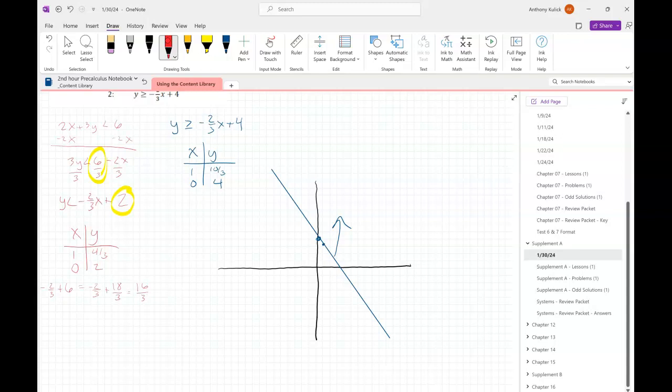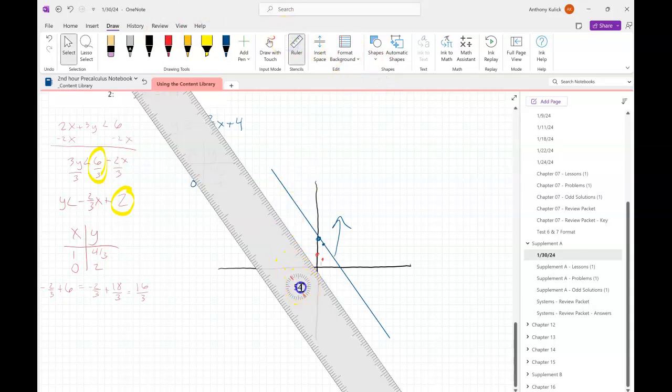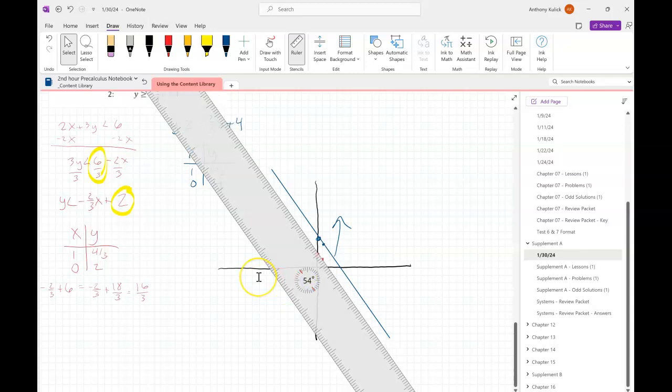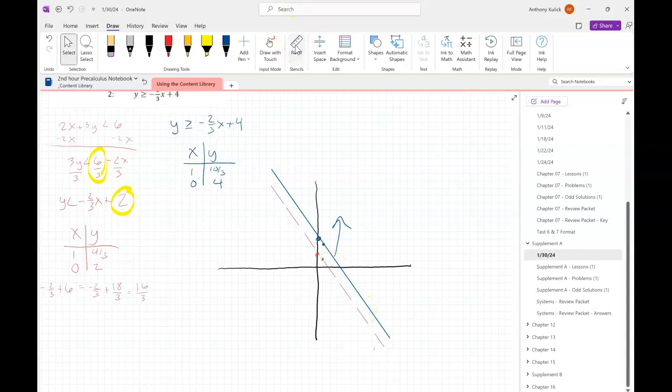Yeah, I know. I fixed it for you. Calm down. Okay. And then how am I drawing this line? Solid or dashed? Okay. And then are we doing above or below?